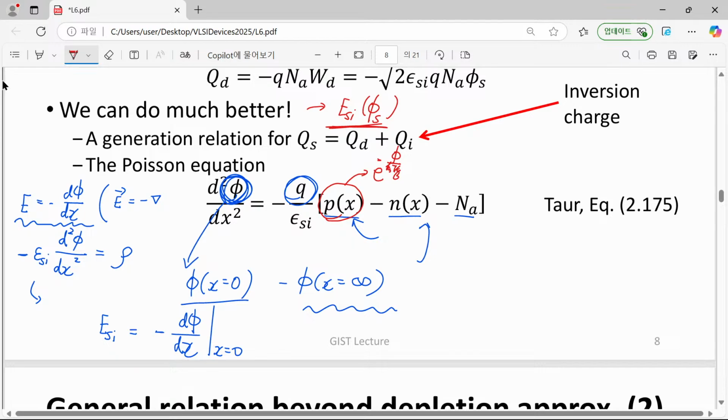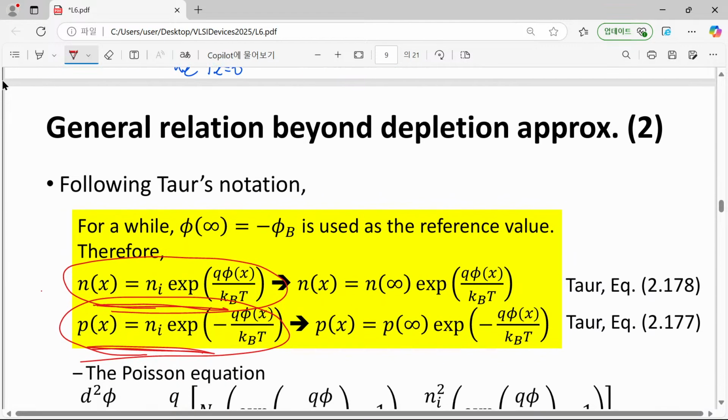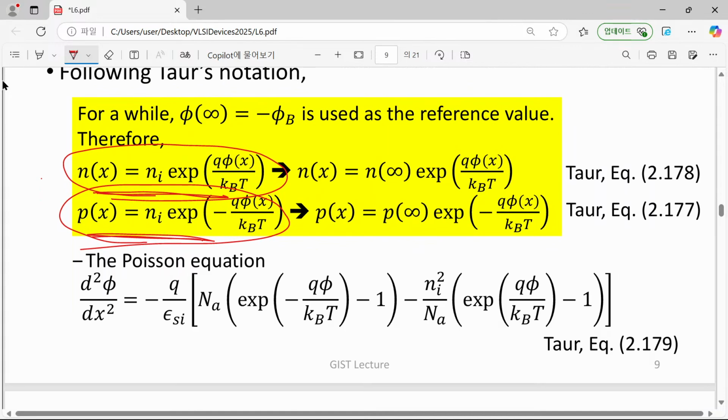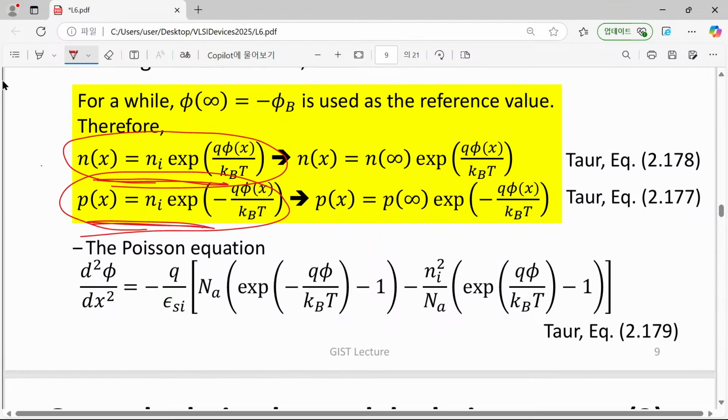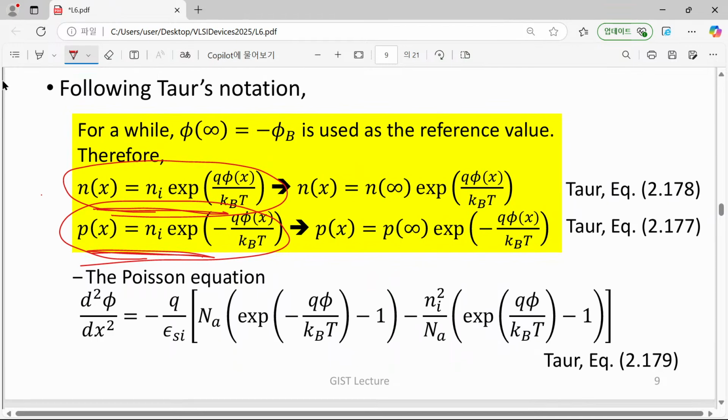And although here we have n, it can be expressed as exponential of positive phi over kBT over q, with some leading coefficient to fit the exact number. So the functional dependence is nothing but exponential dependence on the electrostatic potential. So let me just do it.